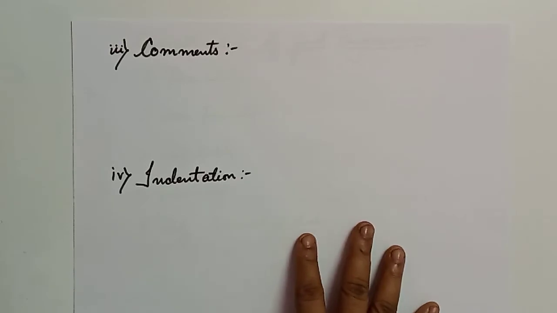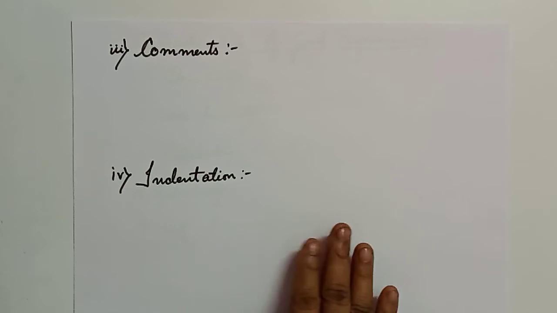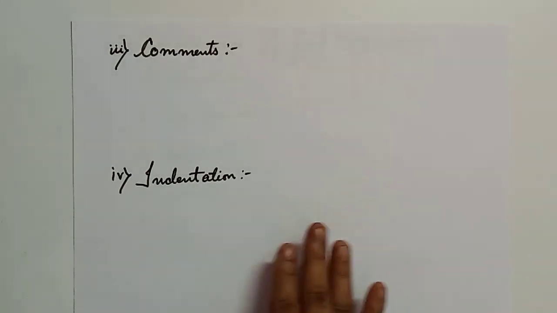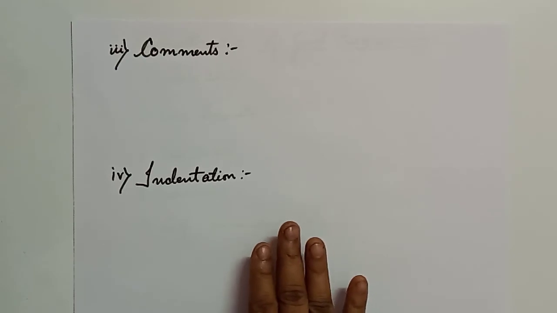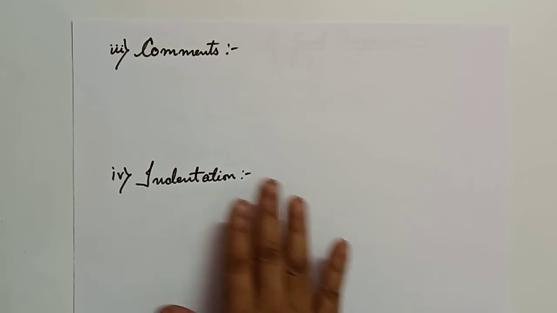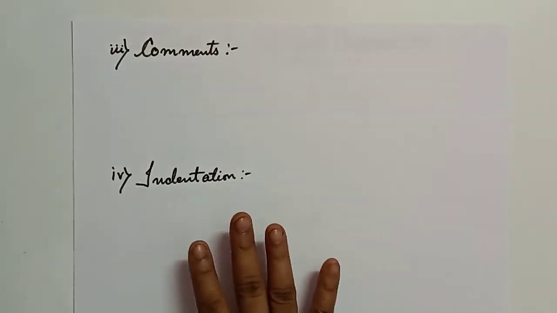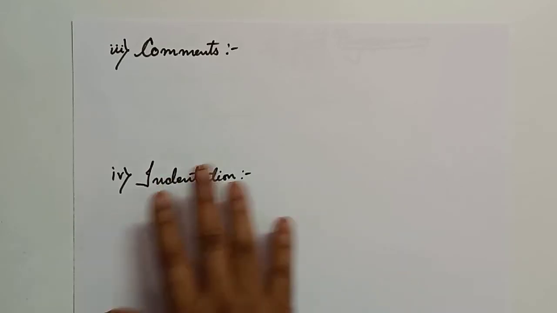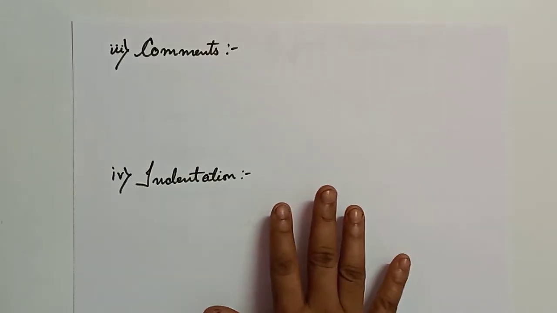Then why do we write comments? Basically, we write comments to provide some extra information. Let's say today you have written a program, and this program will be read by your team members. Maybe your team members will not understand why this particular logic, why this particular code has been written. So what we do is provide comments.